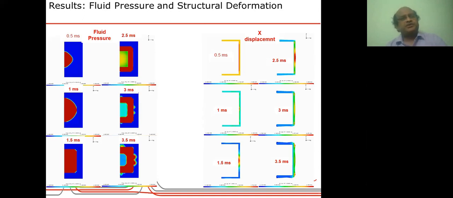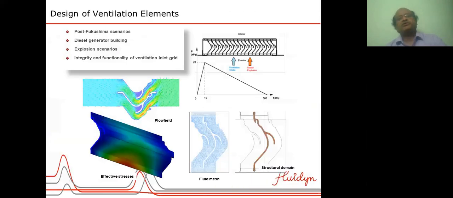This is another example of structural deformation due to explosion analyzed in a nuclear reactor. We will see more such examples tomorrow in the nuclear applications. Especially this kind of study has become known and important after the Fukushima accident 10 years back.